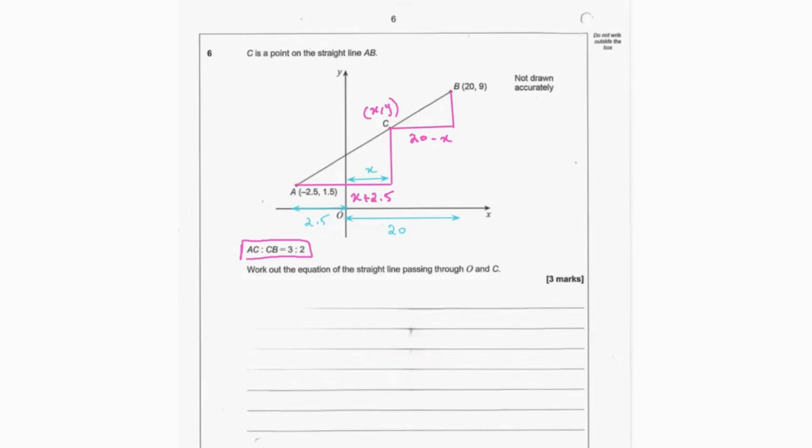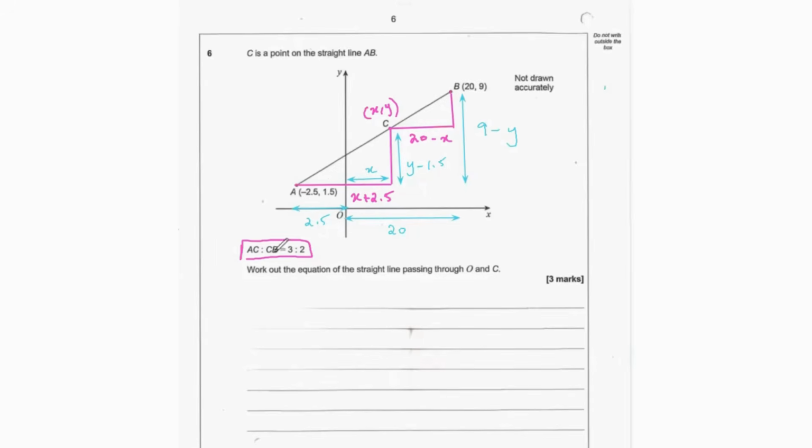Now for the vertical distance, this distance is going to be y minus 1.5, and this distance is going to be 9 minus y. So now let's create equations using these values. We know that AC is to CB is 3 is to 2.